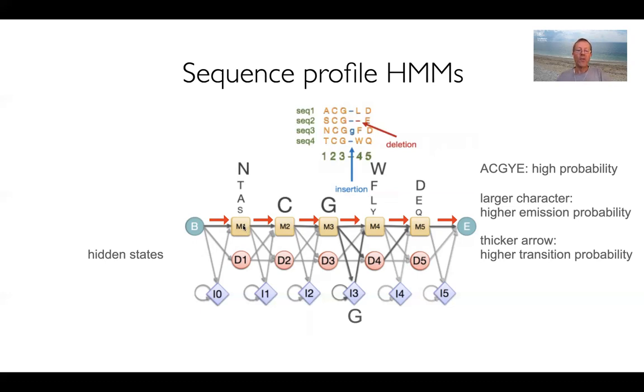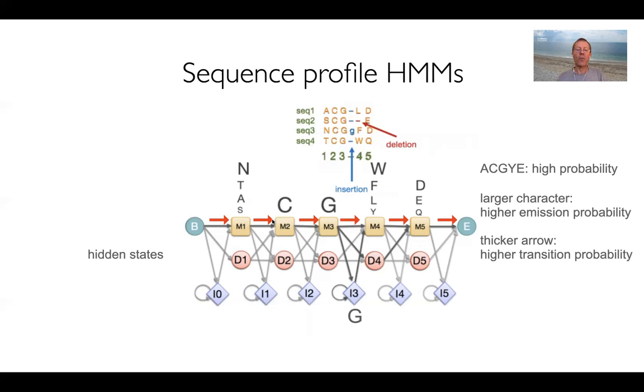Now you have a choice to go to M2 or to go to D2 or to I1. The highest transition probability is directly to M2, given the underlying sequence alignment. And in M2, you now have to emit a residue, and indeed the emission probability for cysteine is high.